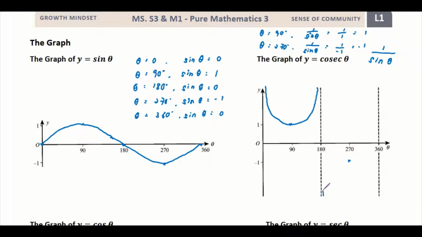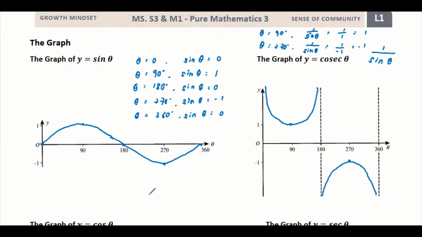So you have another curve like this. Please make sure that at the end of this graph, this is the asymptote, so you are not going to actually reach the line here. It's getting nearer and nearer, but it will never touch it. Alright, so that's the idea.